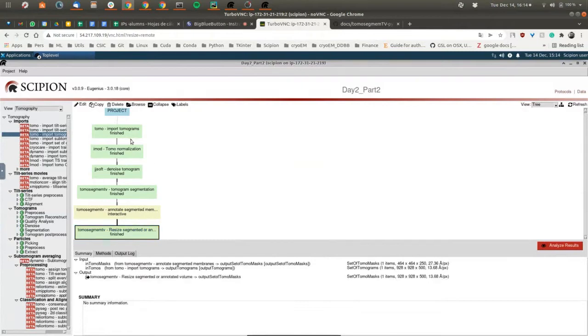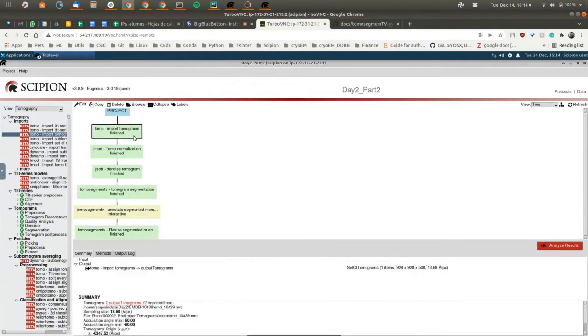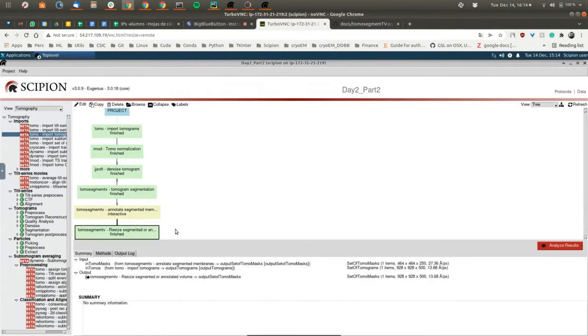So all the picking will be carried out on the original tomogram, using the segmentations at that size. You can see the output is a set of tomo masks. Now they are referred to this tomogram, and they share the same size and also the pixel size.